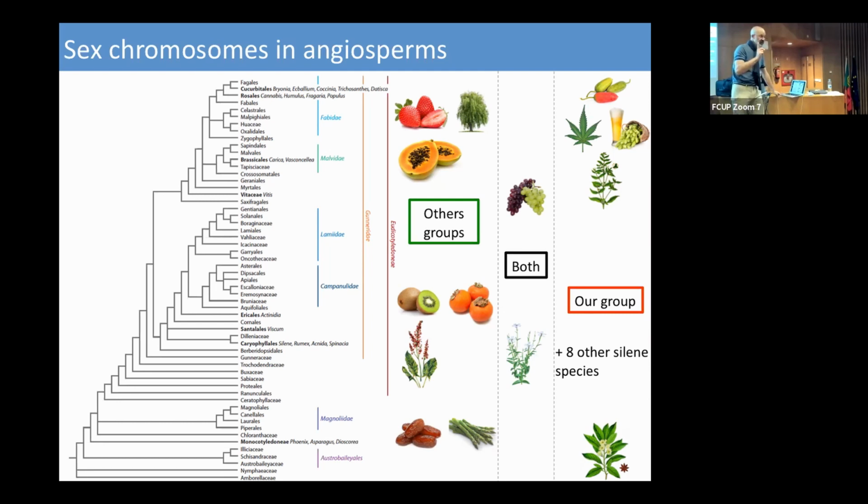And I should mention that the model that I presented to you, not all the groups agree with it. It's important, I forgot to tell it before. And the other groups have been working on those plants, and you can see that these methods have really allowed great advances about plant sex chromosomes.